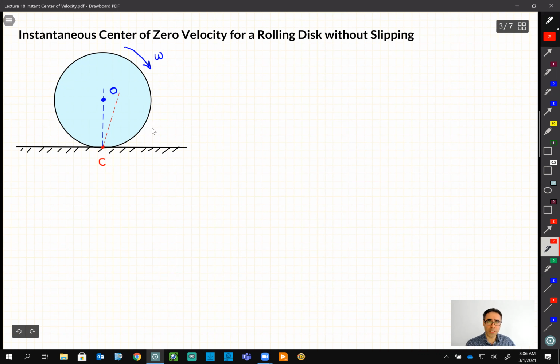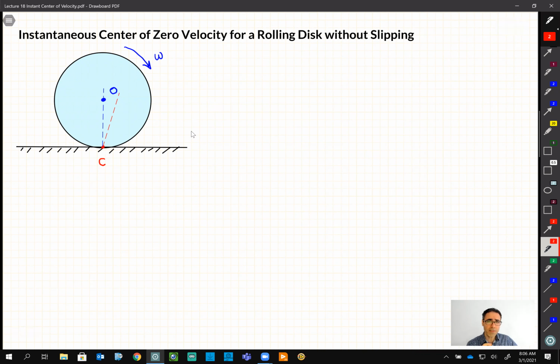This disk is rolling. There is no slippage, right? This point C is not slipping. If we have a camera looking at this disk, point C is not moving along a straight horizontal line. That would be considered slippage. But without slipping, we can assume this disk is rolling.